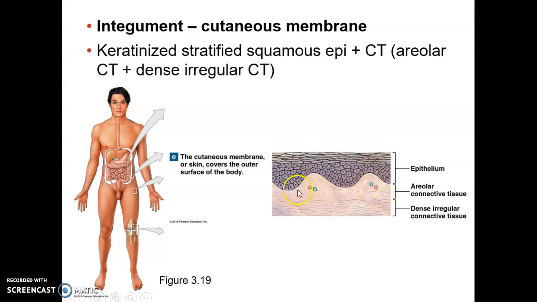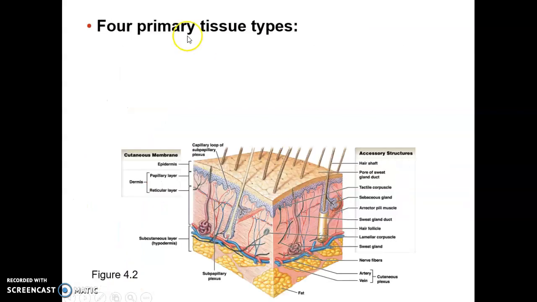And then the underlying connective tissue, initially just deep to the epithelium, it is areolar connective tissue. And as we go a bit deeper, it's dense irregular connective tissue. So there are 4 tissue types in the integumentary system. We have the epithelium, stratified squamous epithelium.